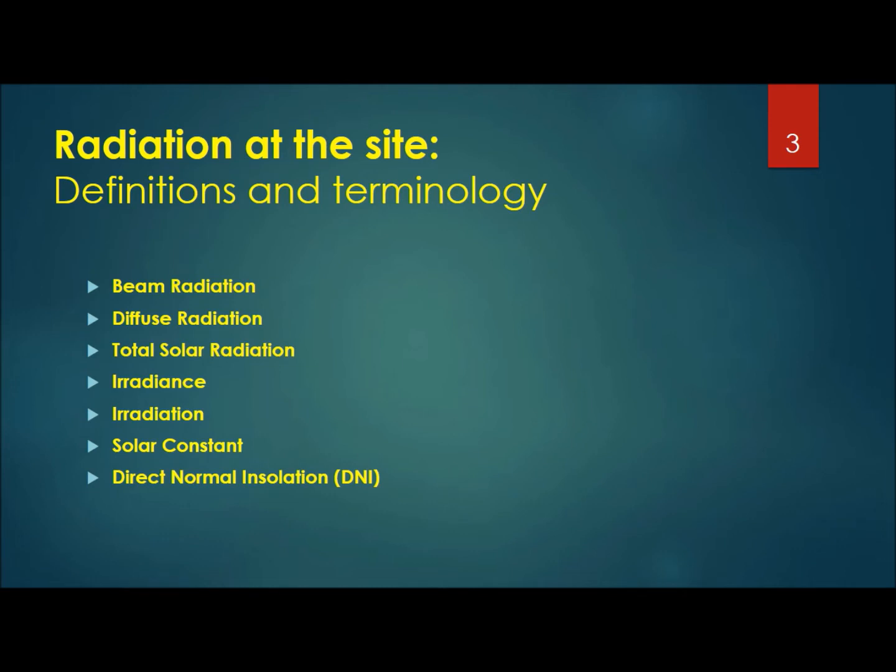Radiation at the site. There are some very basic terms which I will discuss here. First, beam radiation. So first of all, I have to explain what is radiation, what is solar radiation.